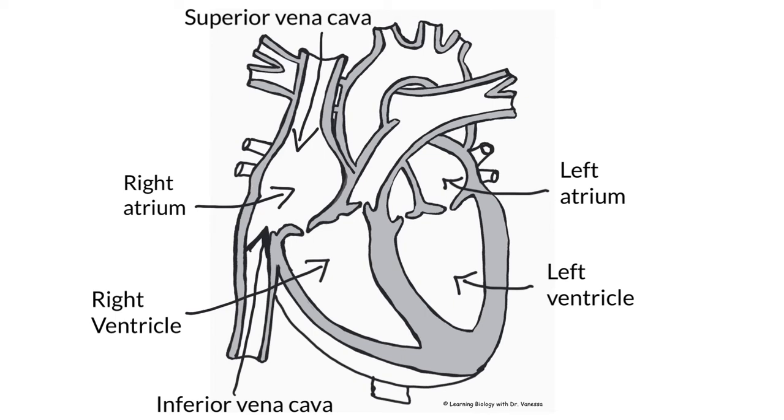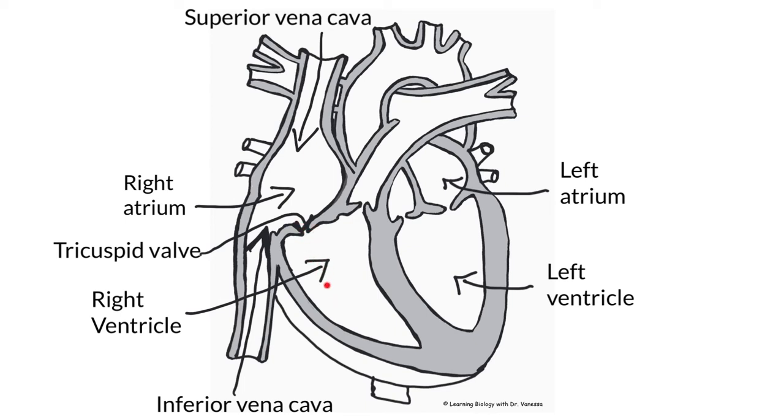And the valve is really important because when blood goes from the right atrium to the right ventricle, this valve closes so that when this ventricle contracts, blood does not go backwards. So it's really important. This valve right here is called the tricuspid valve. So when blood goes from the right atrium to the right ventricle, it has to pass through this tricuspid valve.